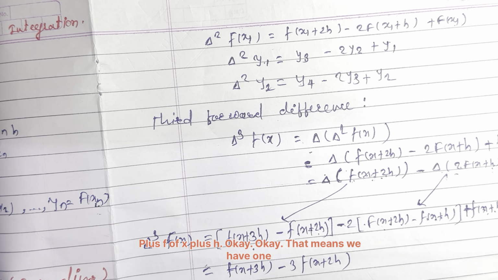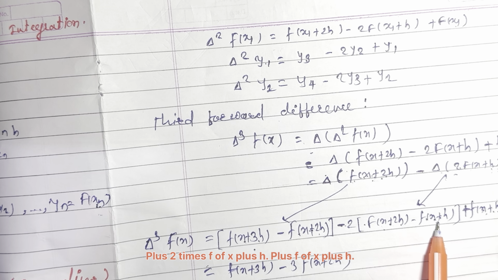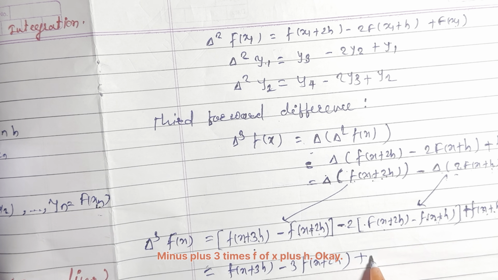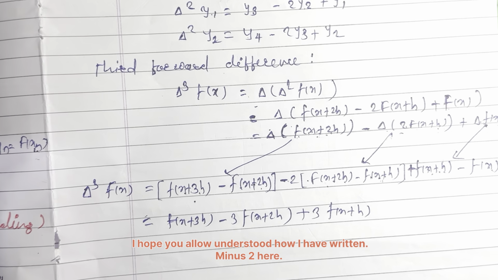That means we have 1 times f of x plus 3h, minus 3 times f of x plus 2h, plus 3 times f of x plus h. I hope you all have understood how I have written.